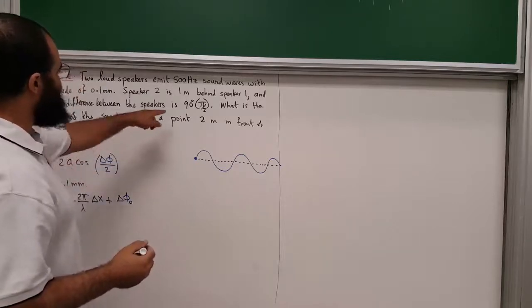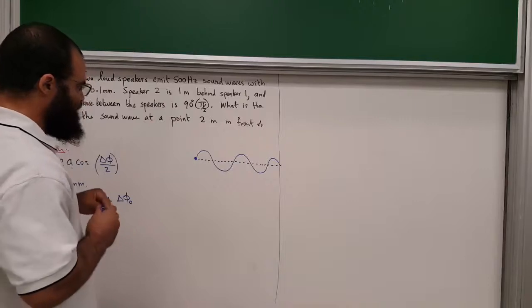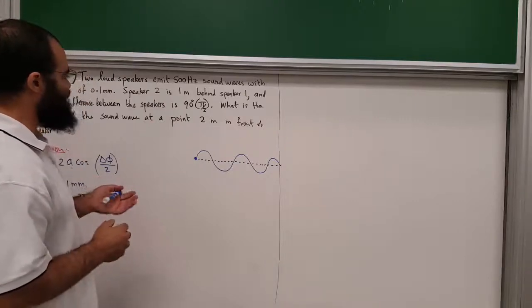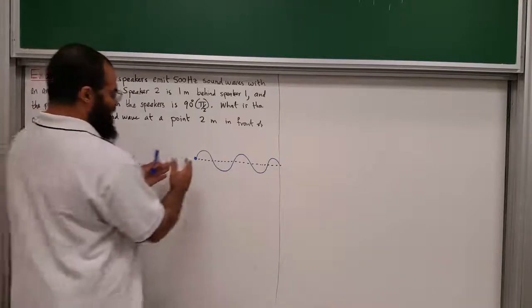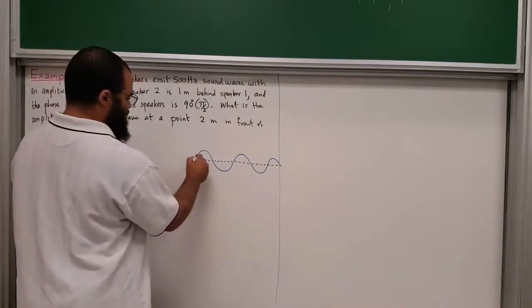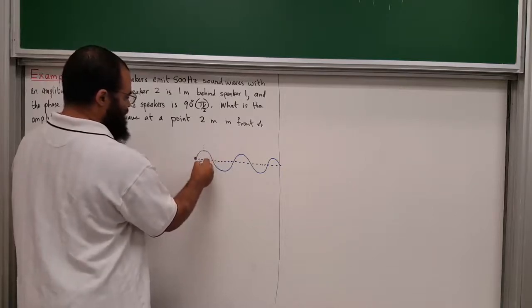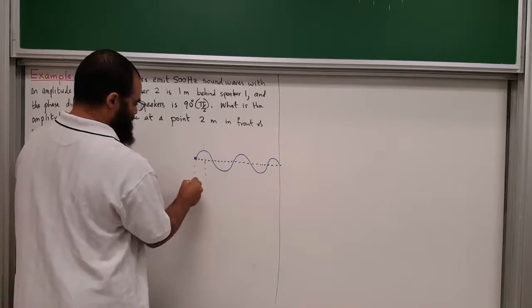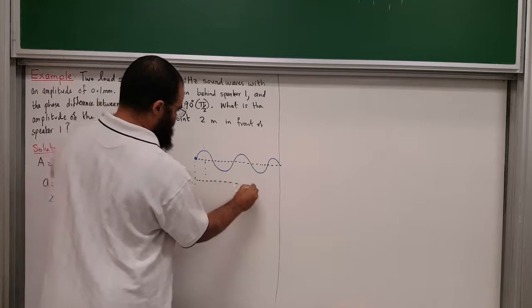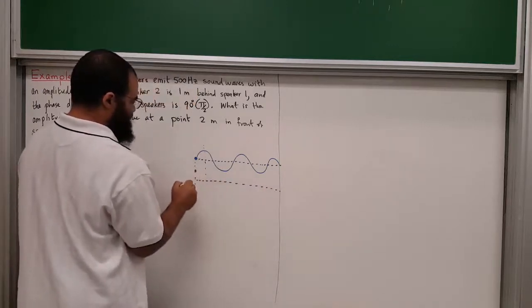But what does it mean for them to differ? Before I draw speaker 2 behind it, what does it mean for speaker 2 to differ from speaker 1 by pi over 2 and otherwise be exactly the same? If they didn't differ at all, they look like this. If they differ by pi over 2, then speaker 2 basically starts here, at the maximum.